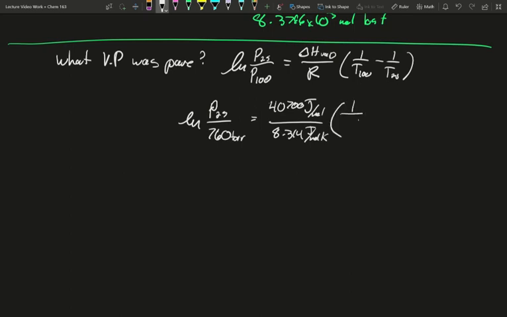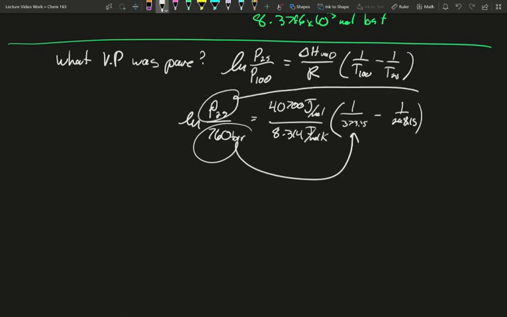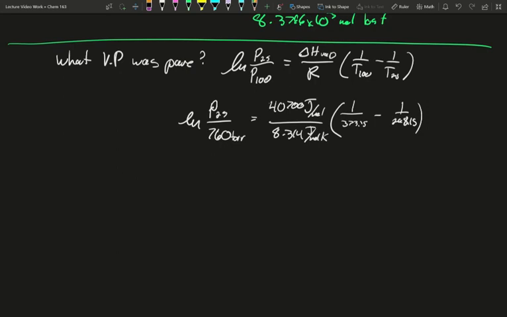Well, our temperatures are 1 over 373.15 minus 1 over 298.15. So our higher pressure on bottom and first temp, our lower pressure on top and second temp.